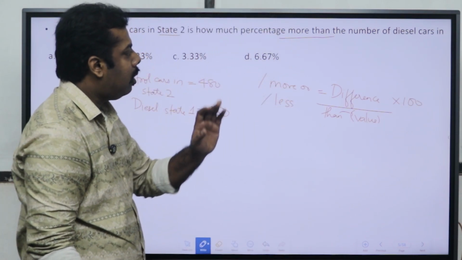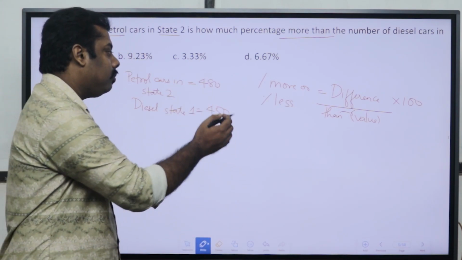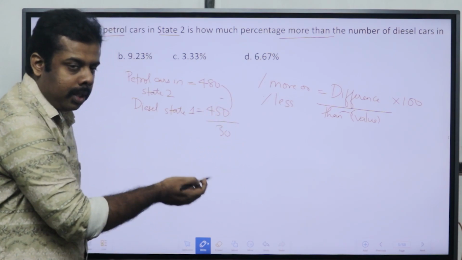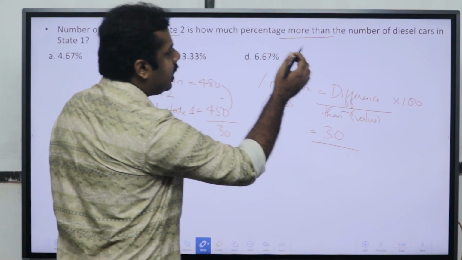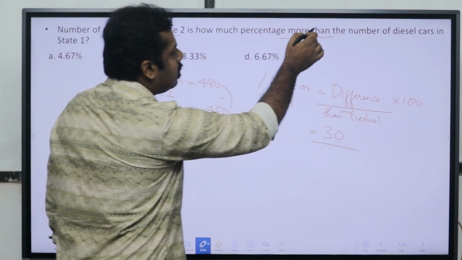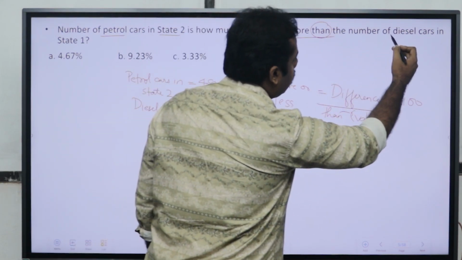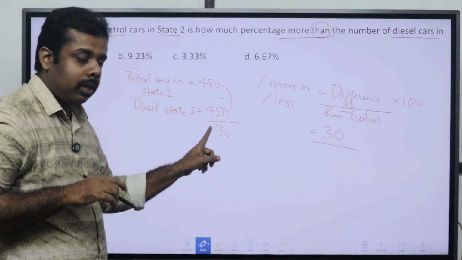Now we are solving this. The two data we are comparing are 480 and 450, so the difference is 30. This is divided by the value after "than". After "than" they have given the data of diesel cars. So the diesel car data here is 450.